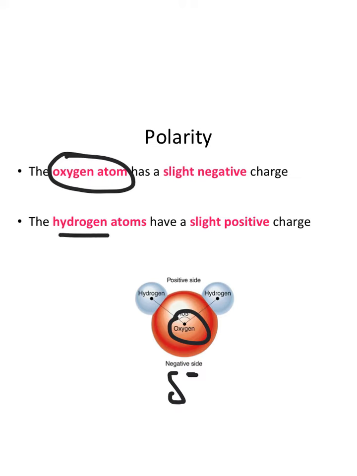Similarly, the hydrogen atoms are going to have a slight positive charge because the electron that would normally help to neutralize the proton in hydrogen is hanging out closer to the oxygen most of the time, leaving the hydrogens with a slightly positive charge. And this is what we call a polar molecule, a molecule that has two different charges on either side. You have a slight negative end and slight positive ends.